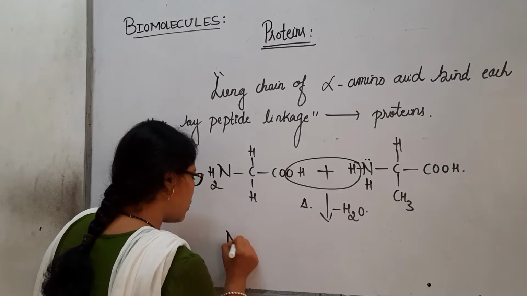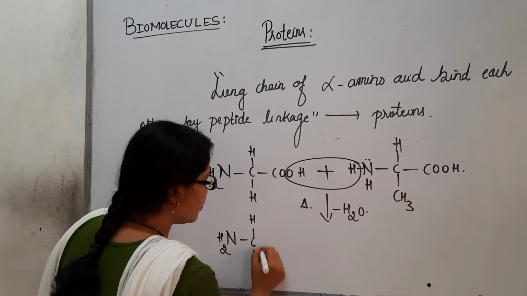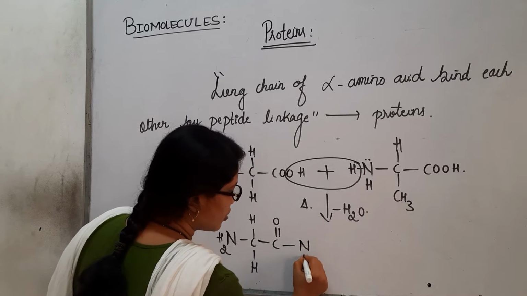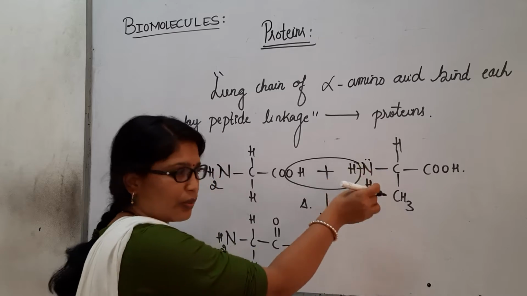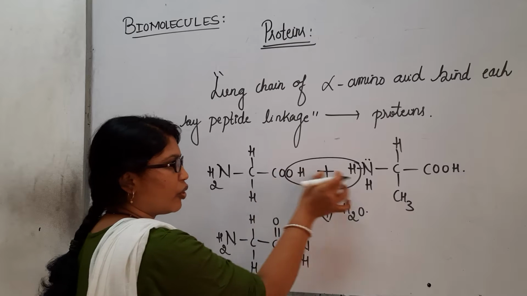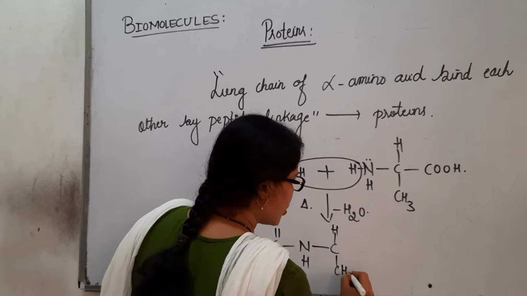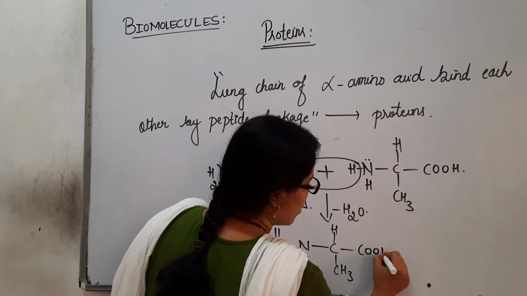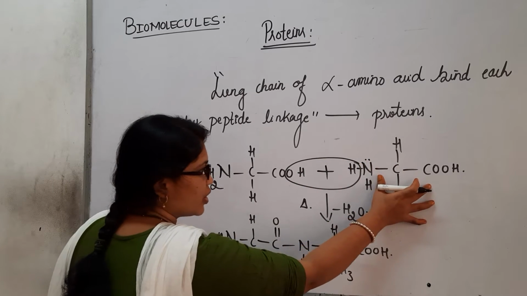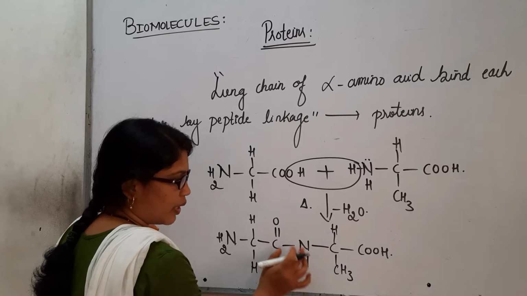So, how will the structure look after the bonding? It will be like CH, H, then C double bond O, and NH bonding takes place due to donation of the lone pair of electrons to the carbonyl group. When the lone pair is given to the carbonyl group, binding takes place, and it becomes a structure of protein in which these two amino acids, amino acid 1 and amino acid 2, have formed a dipeptide.